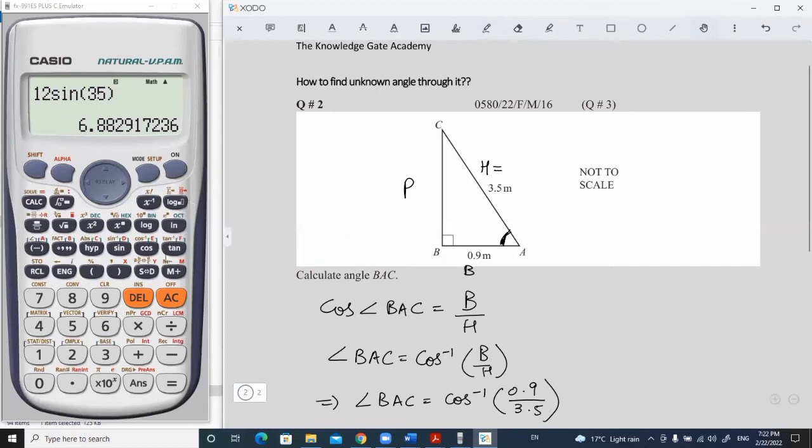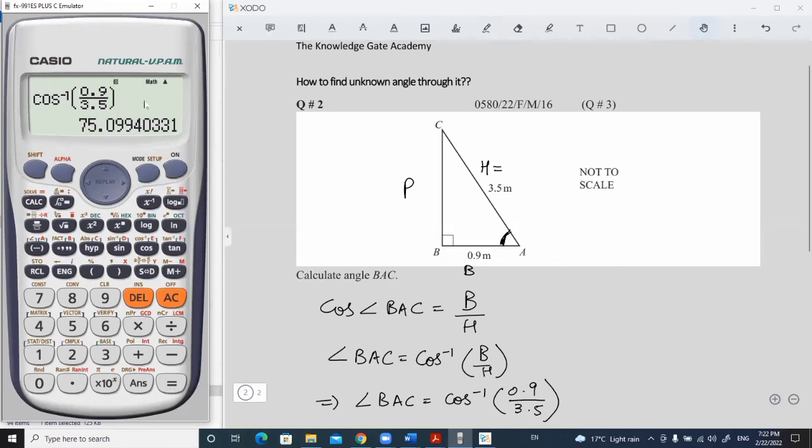Now look at the calculator. First of all, press shift and press cos, it will be cos inverse. Now put the ratio sign, put 0.9 divided by 3.5, and close the big bracket. Now press the equals sign.